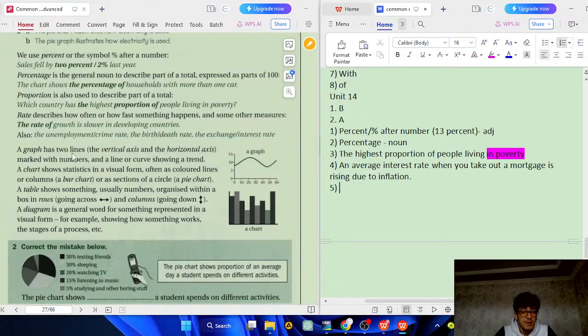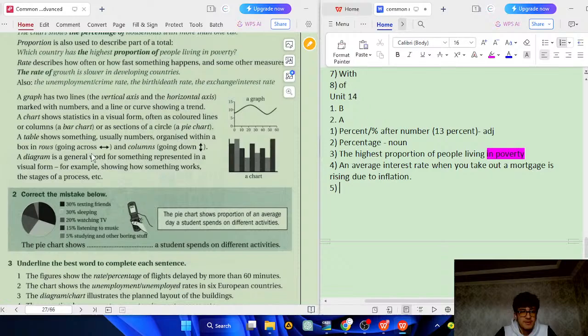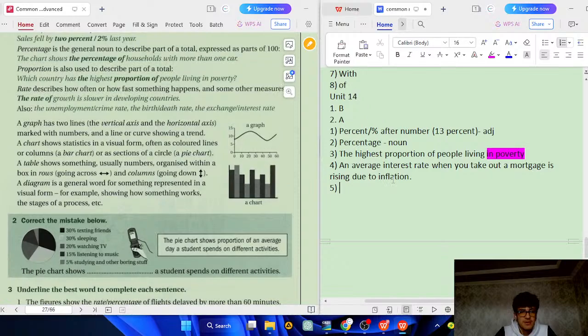The graph has two lines, the vertical axis and the horizontal axis, marked with numbers and a line or curve showing a trend.